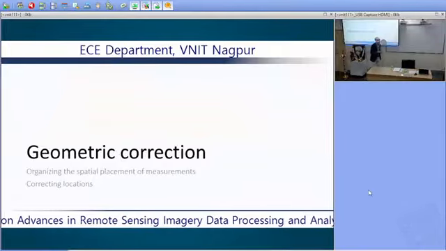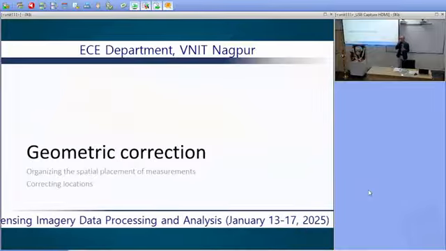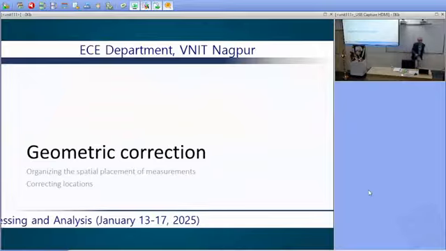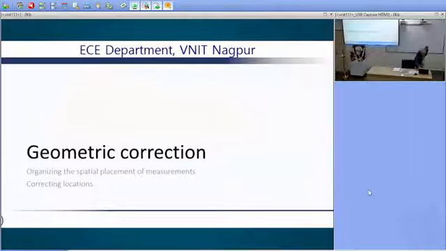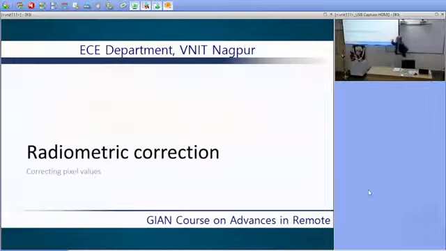But in the general case, you're usually happy knowing that the geometric correction step was done correctly. So I won't go into the details of it, because I wanted to move to the other type of correction, which is called radiometric correction.